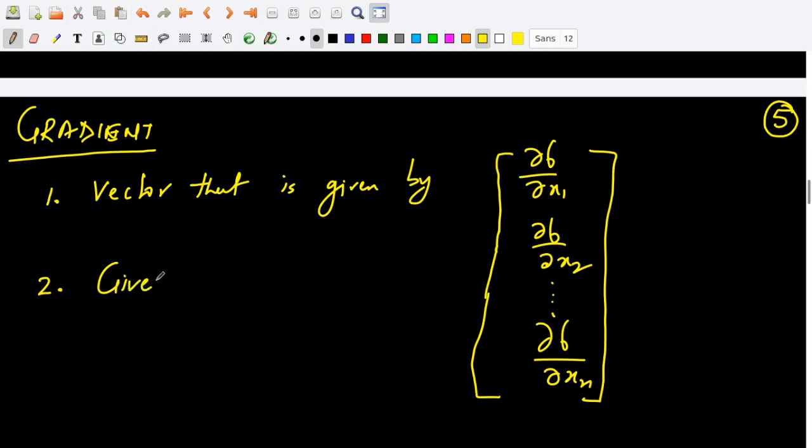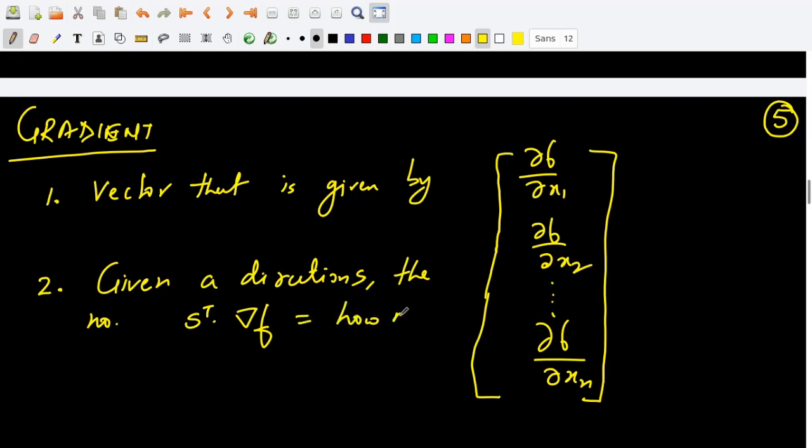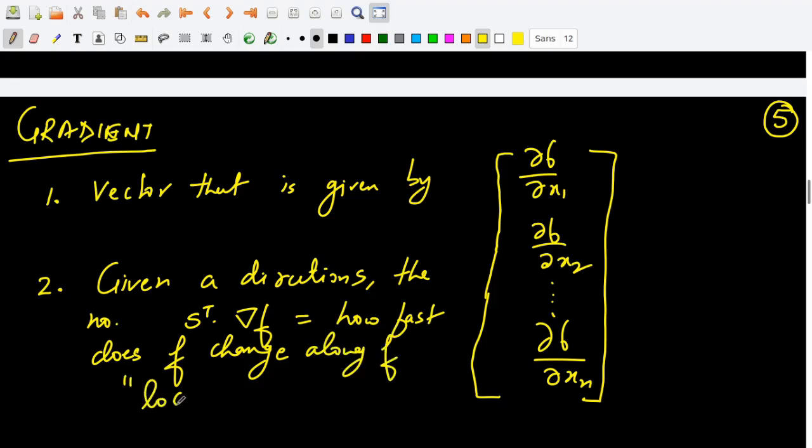Given a direction S, the number S transpose gradient of f tells us how fast the function is going to change along S. Of course, this is locally, that means very, very close to the point.